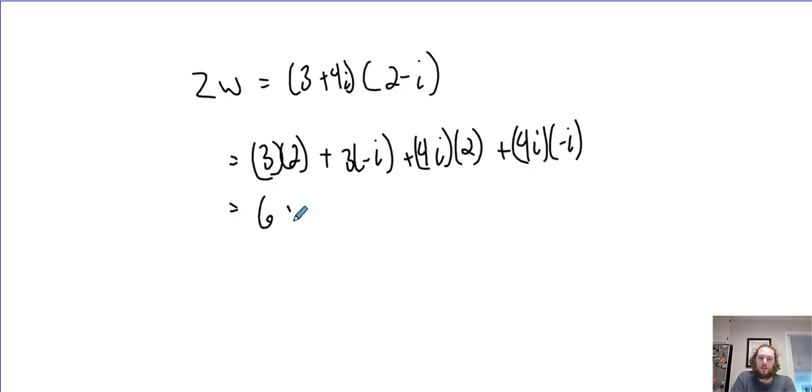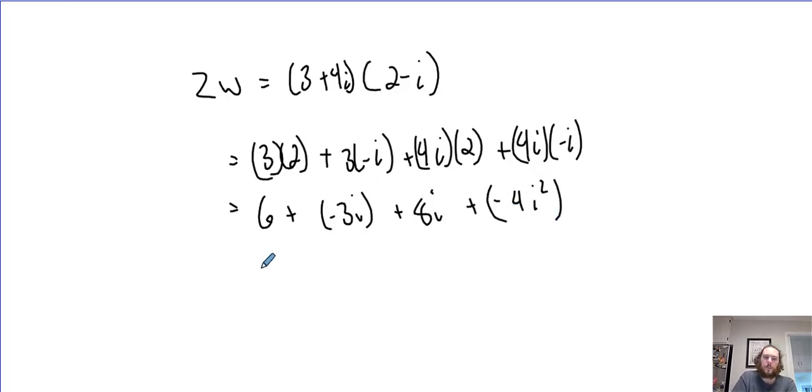So 3 times 2 is 6, and 3 times negative i is negative 3i. 4i times 2 is 8i, and 4i times negative i is, well, sorry, negative 4 times i squared.